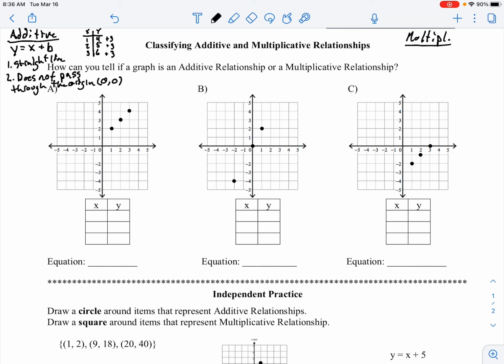So those are the three ways we can tell. So we had equation, we had how do we tell for a table, and we have how do we tell for a graph. Those are the three ways we can tell.